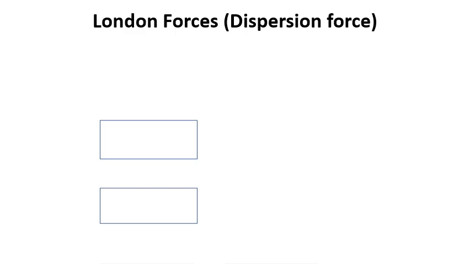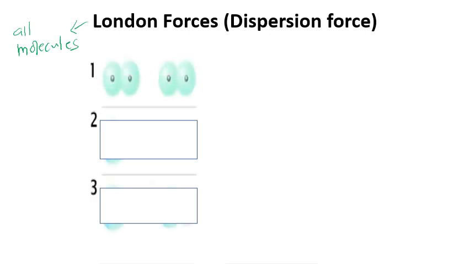Okay, so now we look at London forces first. London forces in general can be found in all molecules. Let's look at the first example here. Imagine there are two non-polar molecules.